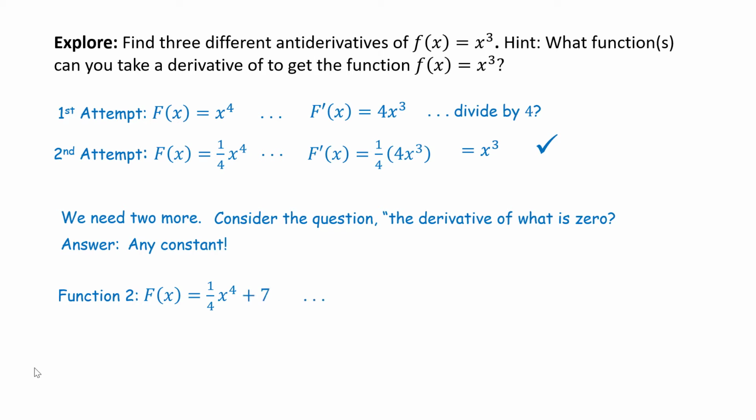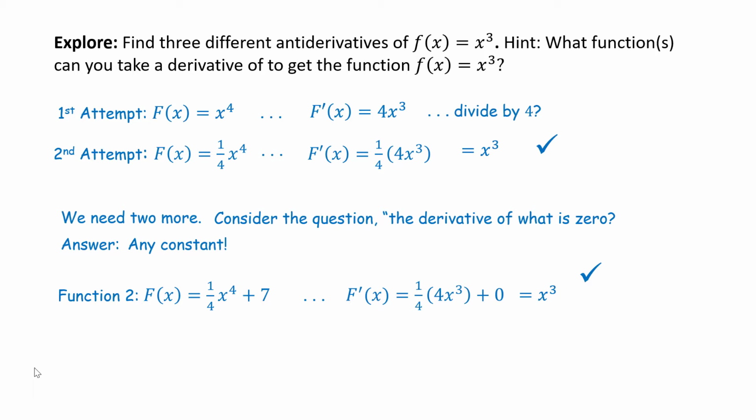When I take the derivative, capital F prime of x is equal to 1/4 times the derivative of x to the fourth, which is 4x cubed, plus the derivative of 7, which is 0. And so we got x cubed. That works just as well. We still need one more function.